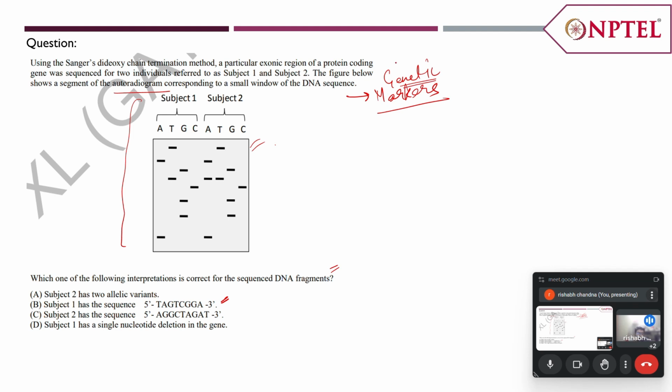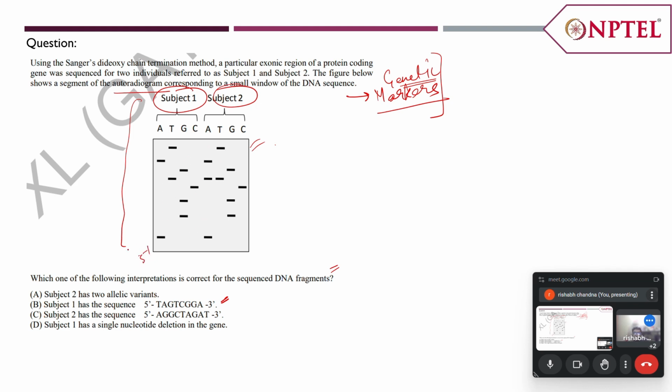So that makes every individual different. So what we are using is Sanger's technique of sequencing to detect these markers in different patients. Here we have the two patients, that is two individuals, subject 1 and subject 2. Okay, so now first we will see the sequence from both the ends.